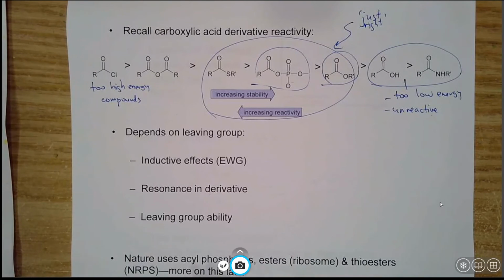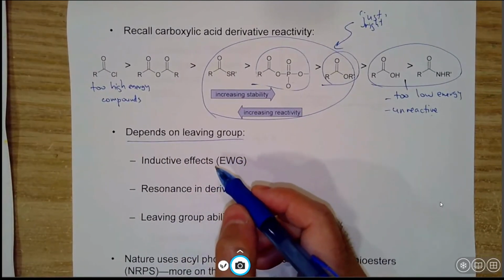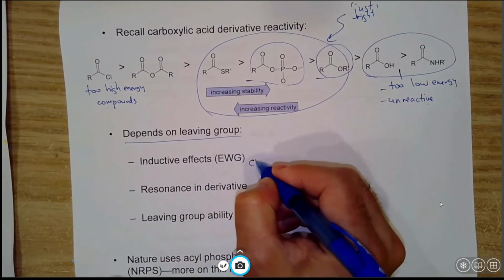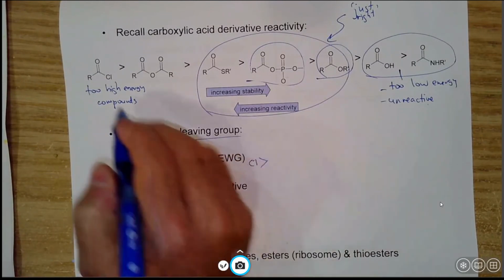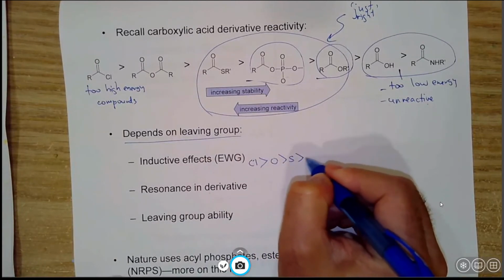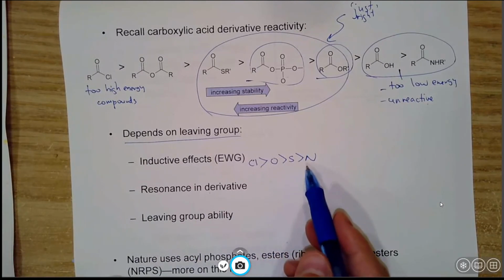As you know, the effect of carboxylic acid derivative stability depends on inductive effects. With electron withdrawing groups, the bigger the inductive effect, the greater that group wants to leave. That's why acyl chlorides and anhydrides, with things like oxygen, have a bigger inductive effect compared to nitrogen or sulfur.